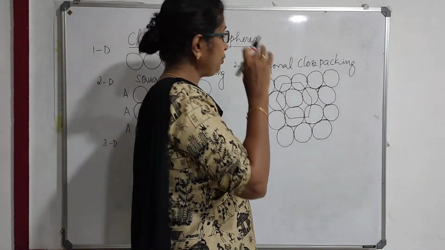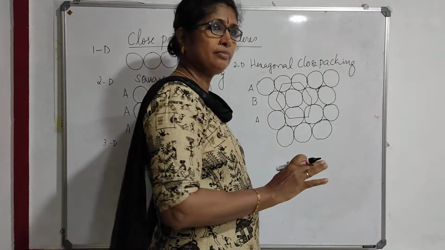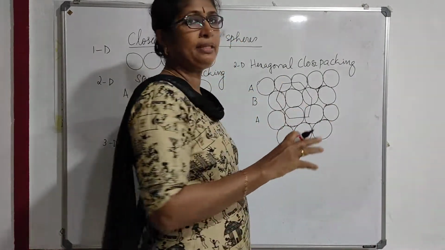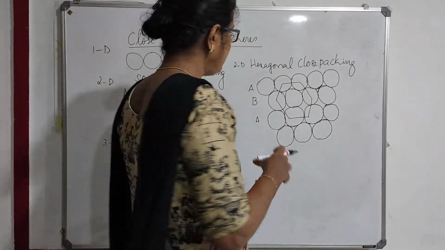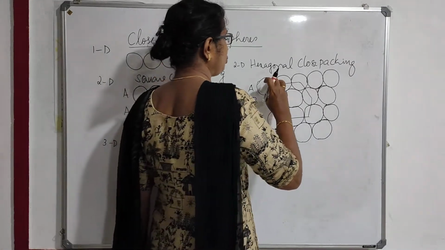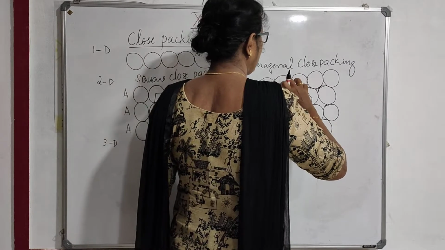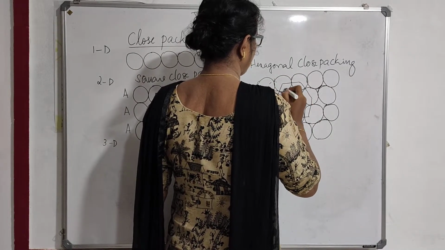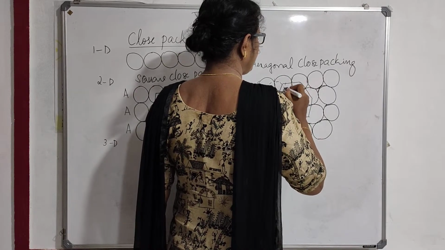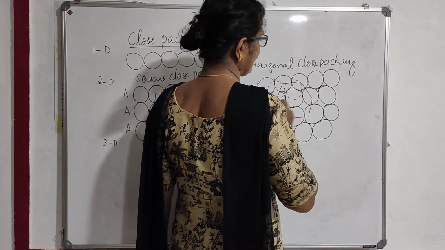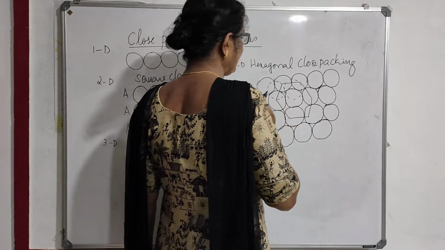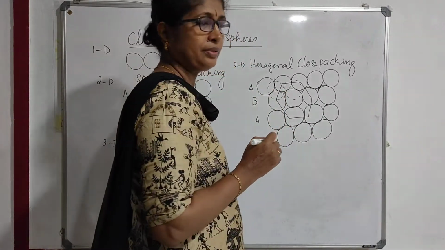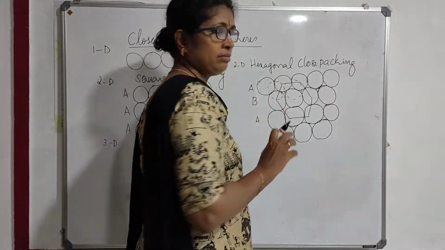This is the first layer, the A layer, and over this you keep the second layer. Here we will keep the layers like this. Now when you do like this, we can see that in some cases these voids will be closed.